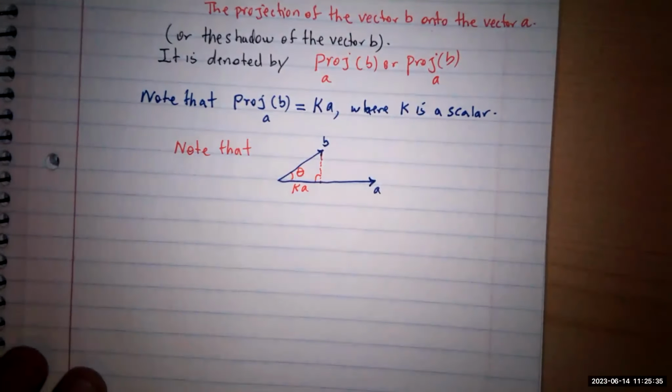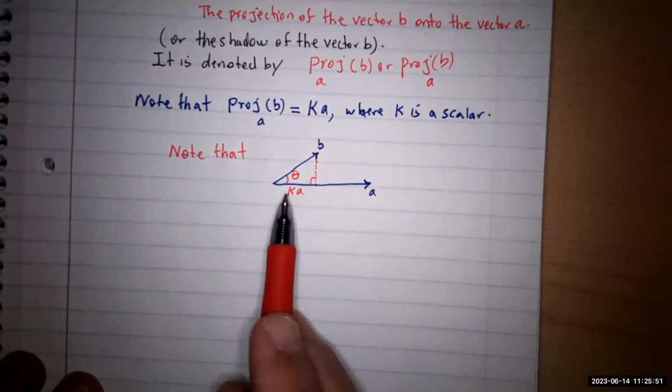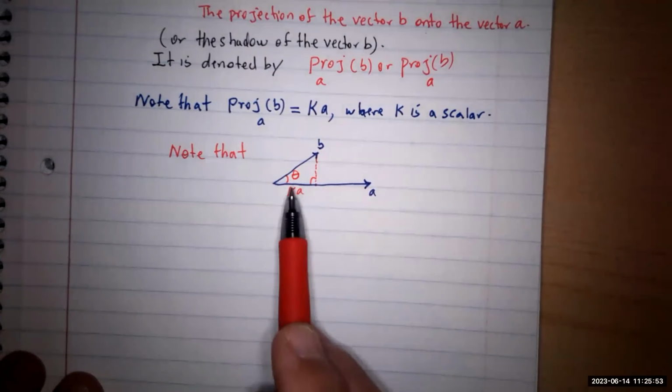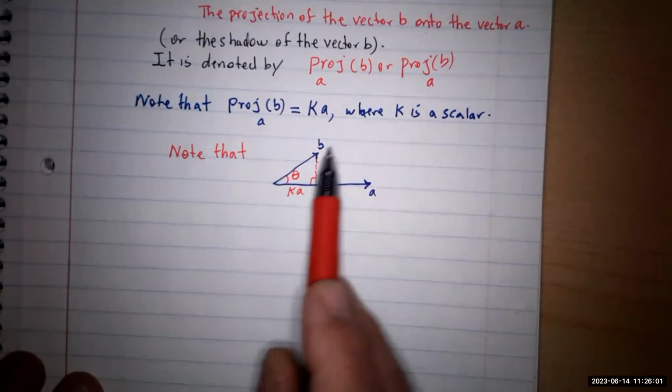So I want to put these together to find a K. I'm going to find the K in a minute. So what is going to be the case? Remember, I can find the cosine of the theta from the formula of the angle between two vectors.